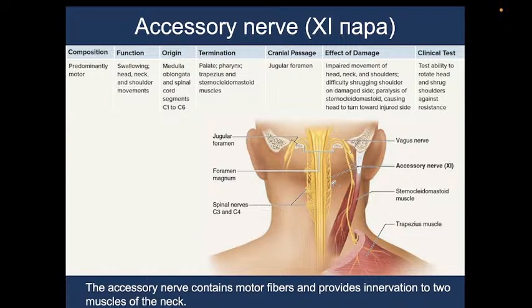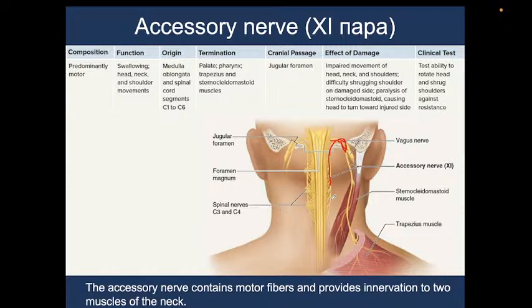Here you see the spinal root of the accessory nerve. It joins with the cranial root and together they form this pair, called the accessory nerve.